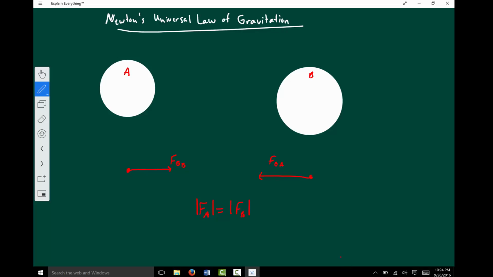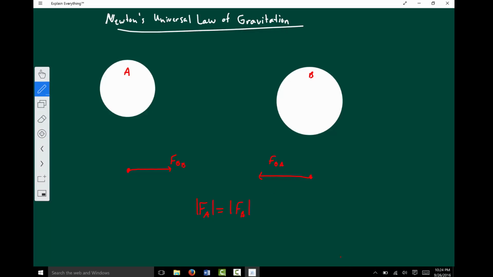This is consistent with Newton's third law of motion, which says that for every action there's an equal and opposite reaction. So if this is an attractive force, this one will be in the opposite direction of equal value.